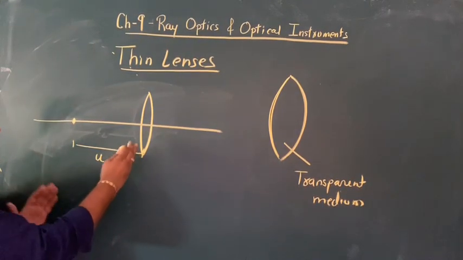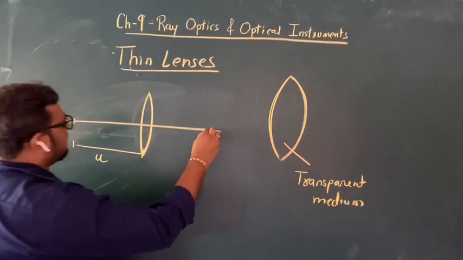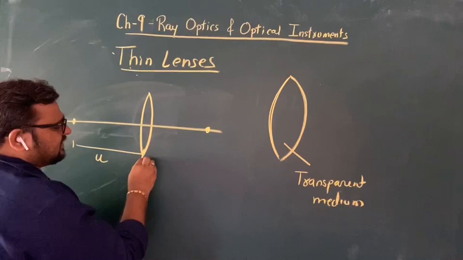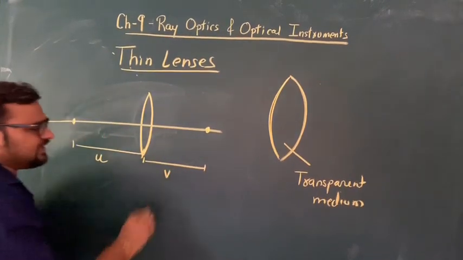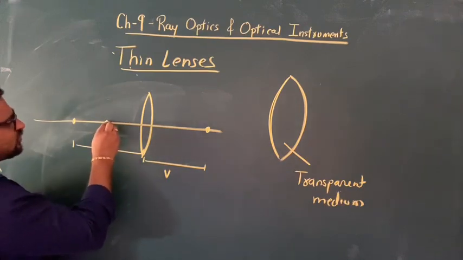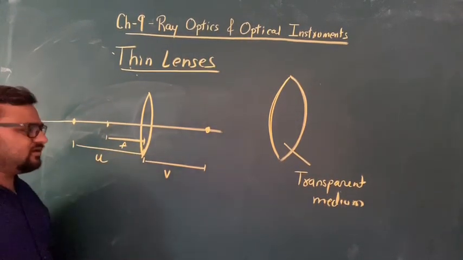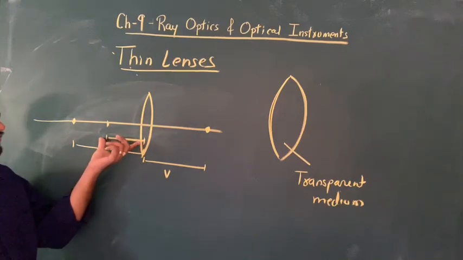The image will be on this side. This is a convex lens, so the image can be formed at this place. Then this will be the image distance, and this will be the focal length.